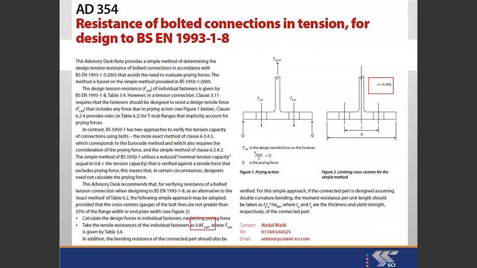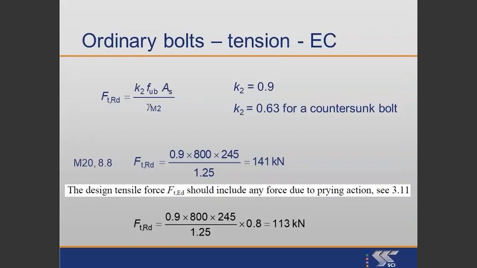They would prefer to not trouble themselves with prying. They would prefer the simple approach. And really, that's what we would recommend at the SCI. So, okay, if we did apply the 0.8 reduction factor, there it is highlighted at the bottom, that 141 kilonewtons comes down to 113.